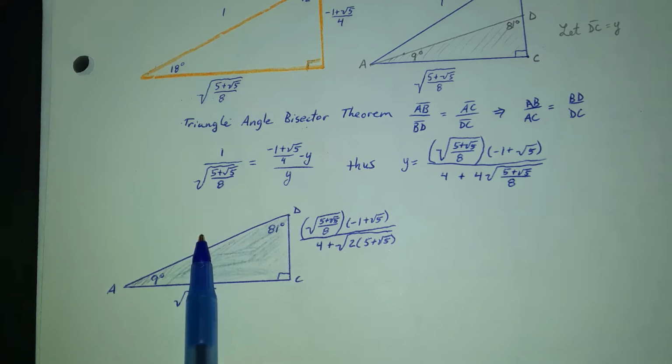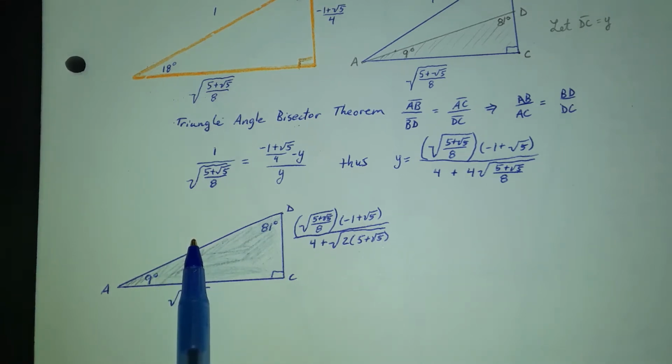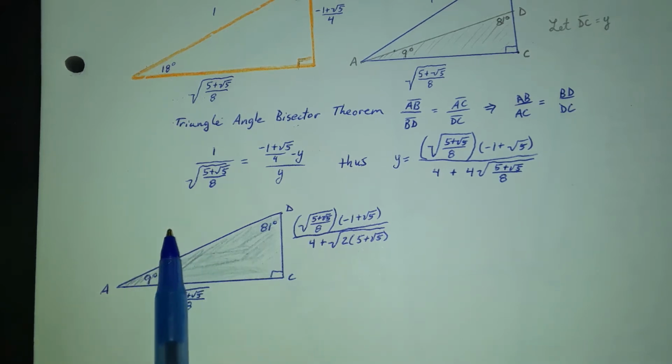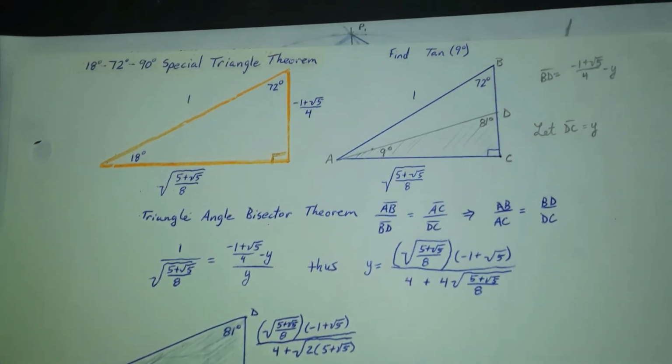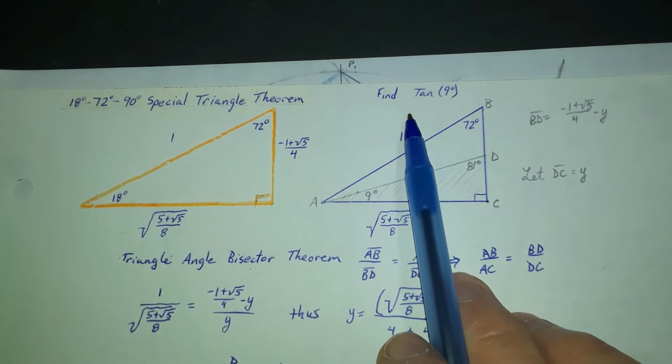And so take the square root of that and you will have this missing term. It can be done, certainly. It doesn't look the prettiest, but it will be an exact answer. And so you will have another special triangle theorem, the 9-81-90 theorem. But let's go ahead and finish out the original question here that we were asked.